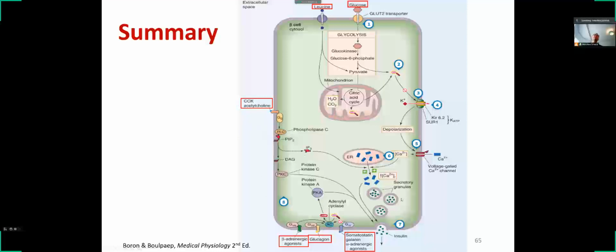All of them converging on impacting, right, the secretory granules. Obviously, this is the initial pathway we talked about via glucose. And this is the amino acids, in this case showing leucine, how they can input by impacting glycolysis and the citric acid cycle, again, on the ATP production side. Okay.